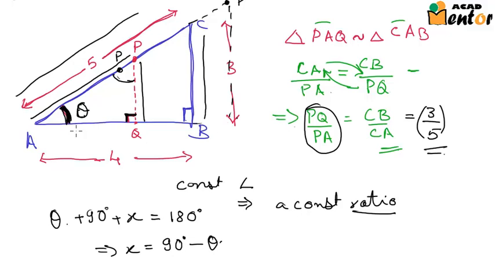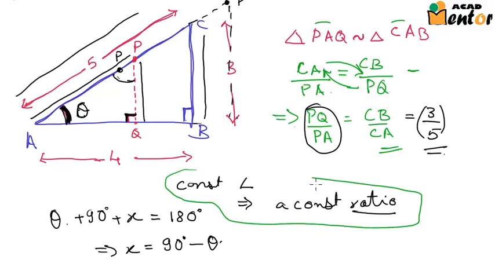So if theta is constant, this angle is also constant. So the statement that we just made still holds true. So for a constant angle, we have a constant ratio of sides. Both these examples that we took prove that.